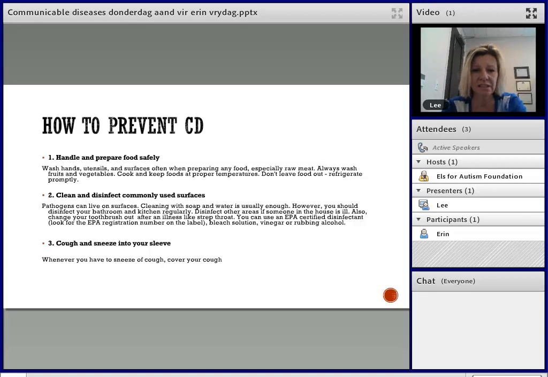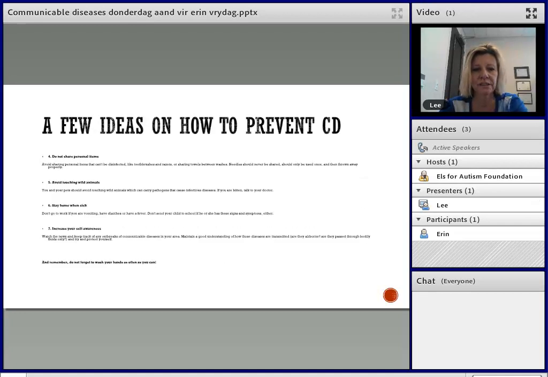Cough and sneeze into your sleeve, and whenever you have to cough or sneeze, just cover your cough, and teach that to your little ones. A few other ideas: do not share personal items. Avoid sharing personal items that can't be disinfected. You don't want to share your toothbrush or your razors, or towels.